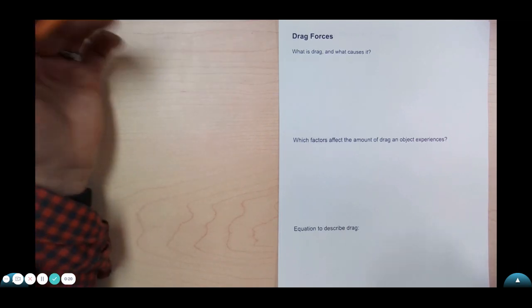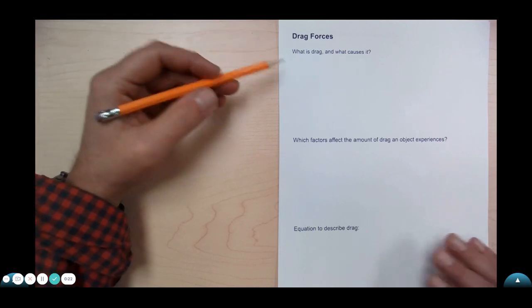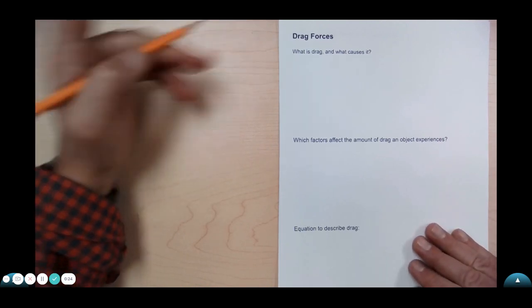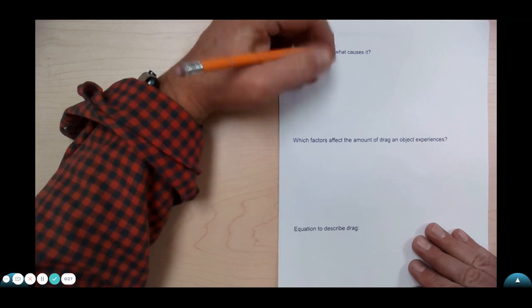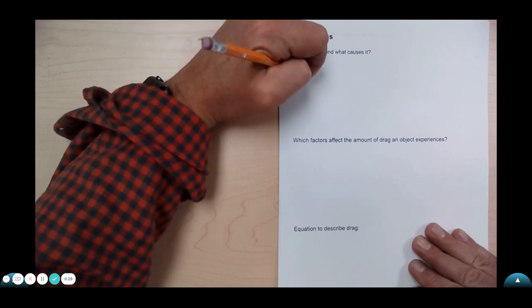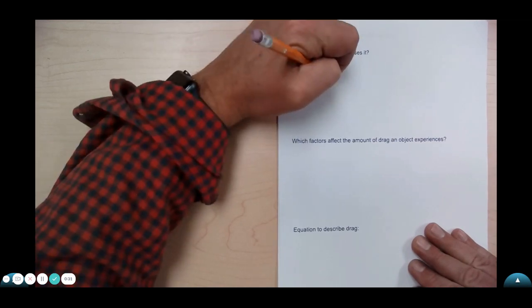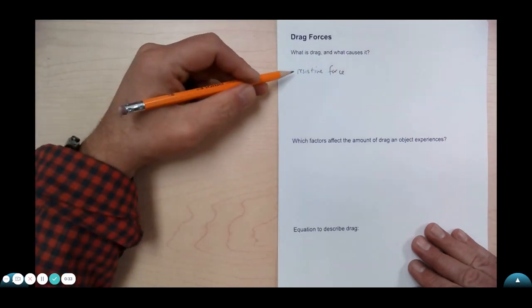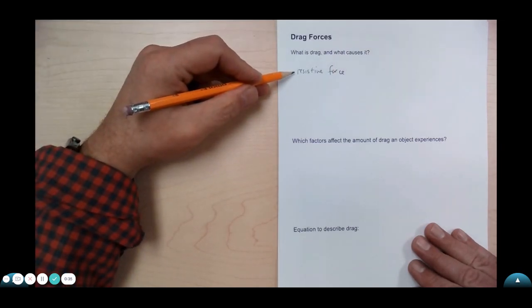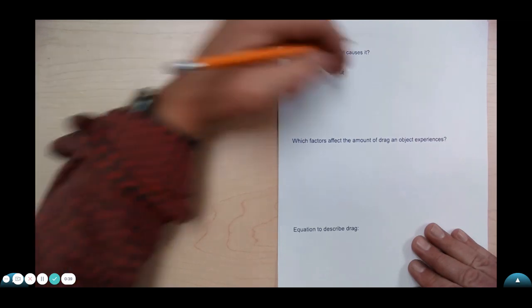We use this term drag, air drag, water drag. What is it and what causes it? Well, drag, first off, is a resistive force, meaning it is always trying to resist the motion of an object through something, in this case, through a fluid.